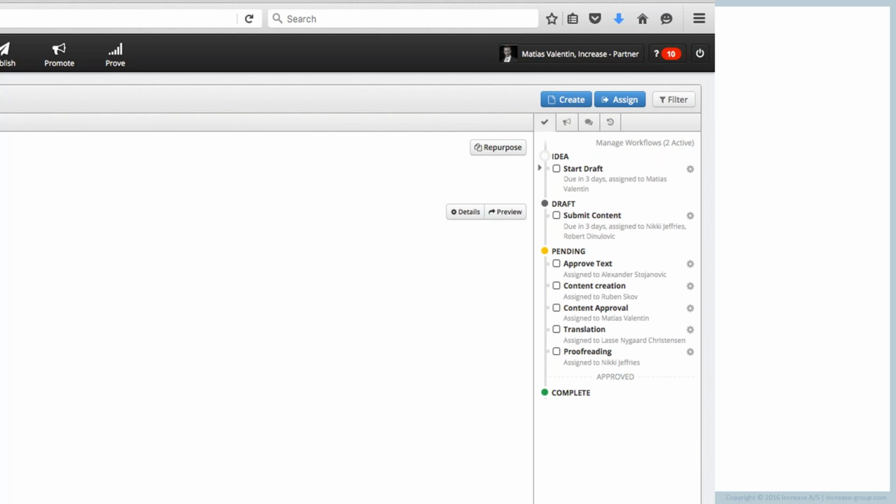And when you have done that, maybe you need to have a different language version of it, and also obviously you want someone to proofread that. So all the different stages are managed and easily distributed between the different authors and stakeholders.